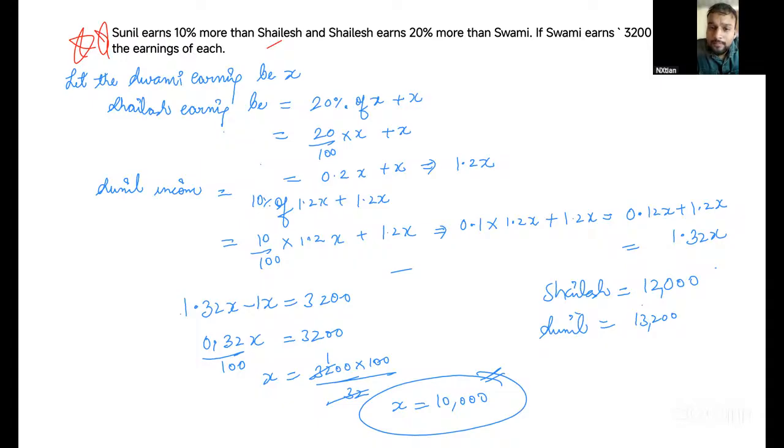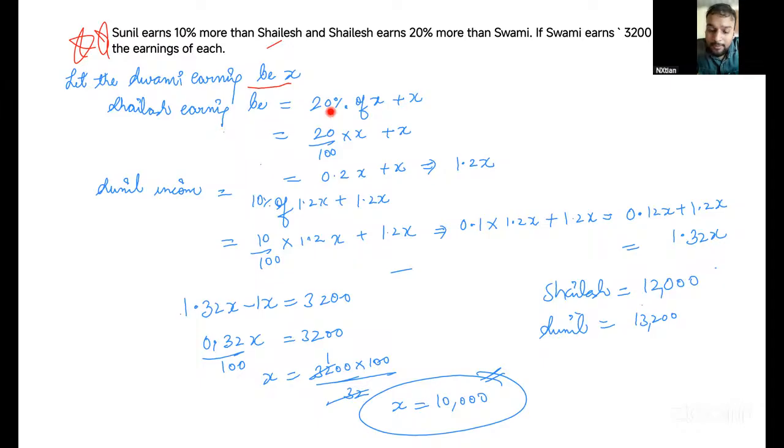Let the Swami earning be x. Now, for Shailesh's earning, it is written that Shailesh earns 20% more than Swami. So whatever the earning of Swami is, 20% more is there for Shailesh. 20% of x, which is Swami's income, plus x, so that we can get the income of Shailesh.